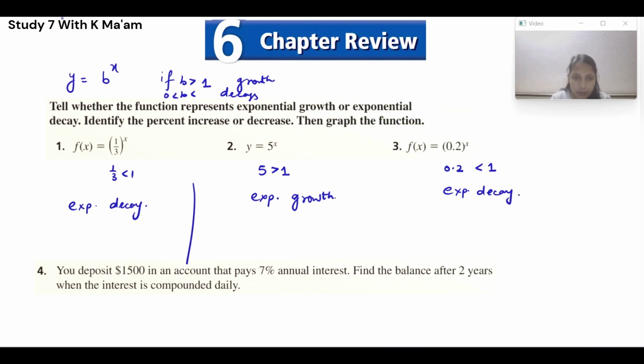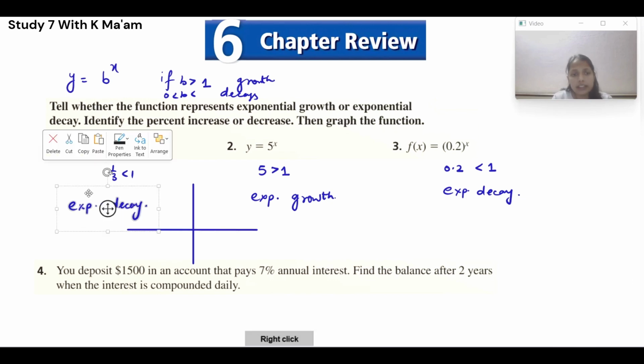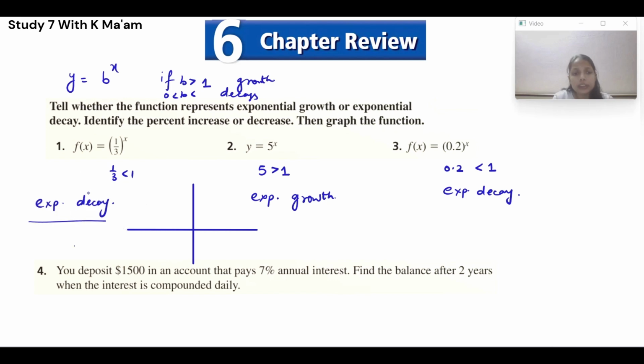So see, I'm going to graph the first one. 1 by 3, and that's a decay function. You can choose some values. Let's see, I choose the value -1. At -1, you will get 3. At 0, you will get 1. At 1, you will get 1 by 3. At 2, it's 1 by 9.